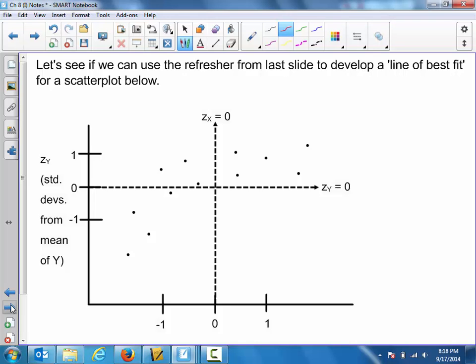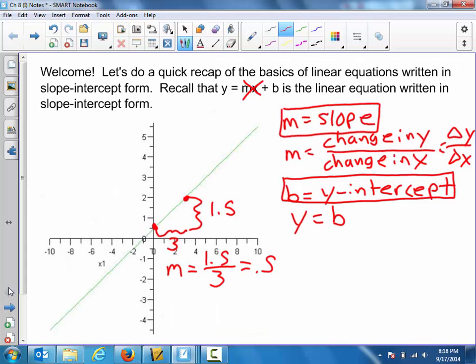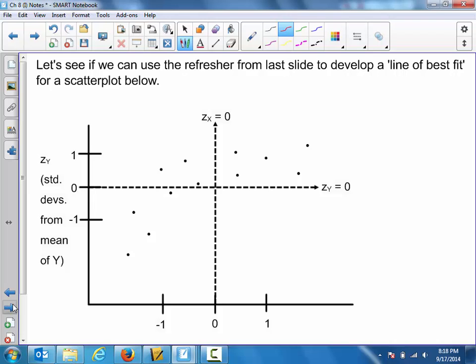This is the building block upon which we can build a general linear regression line, an equation to come through all of the scatter plots that we're going to encounter. It's all based upon this standardized scatter plot. Standardized basically, again, meaning data characterized by number of z-scores.